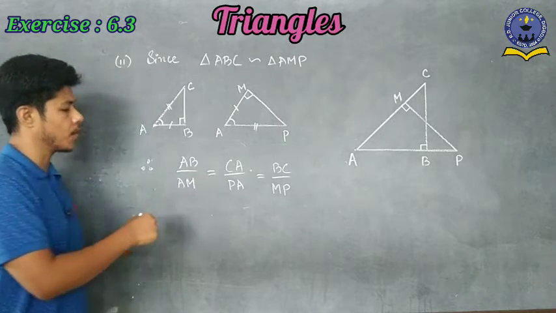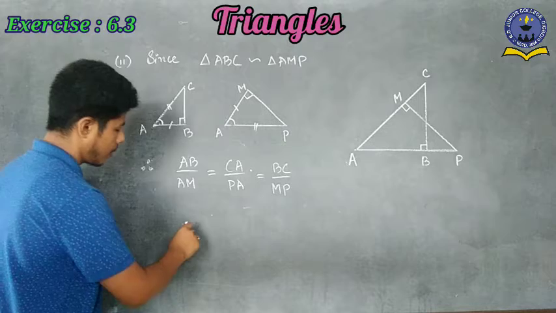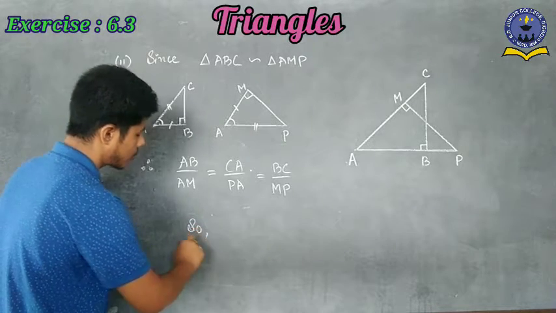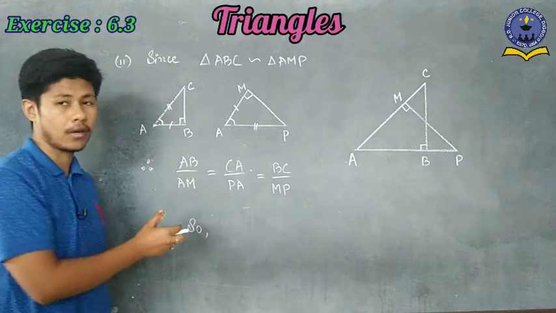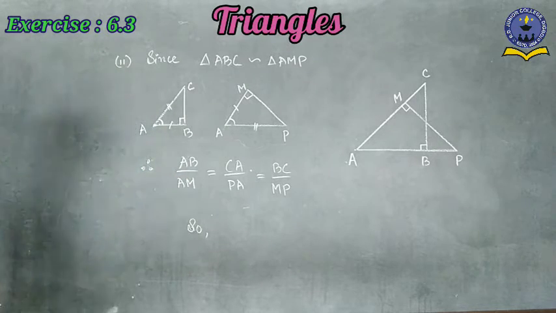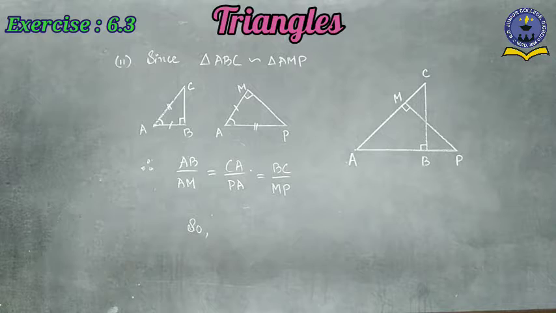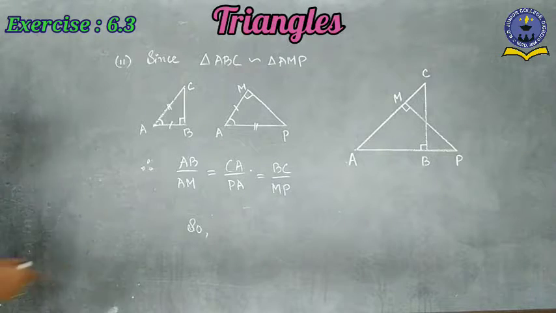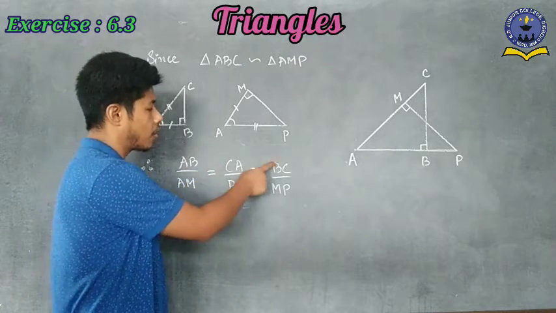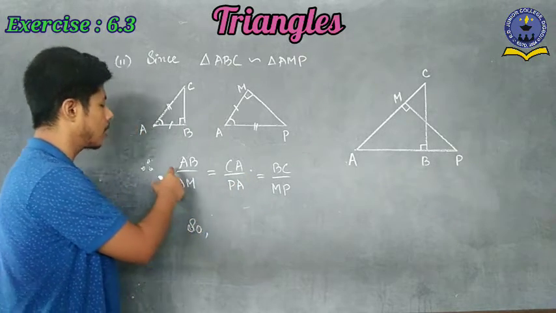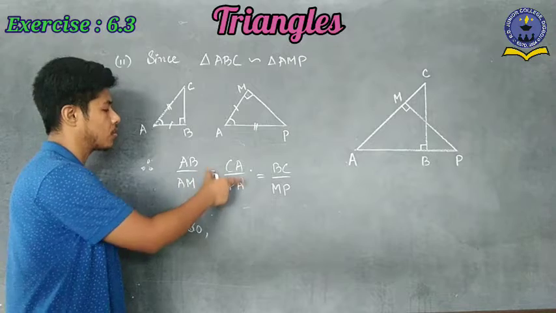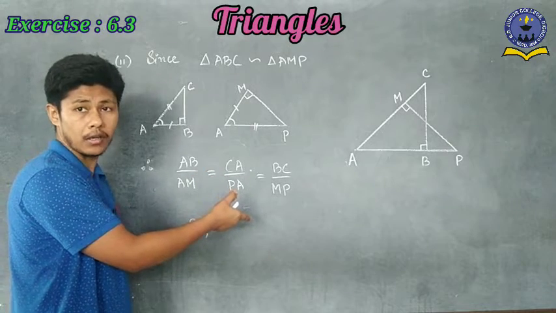So now from here, what do we need? The remaining part, whatever we need to prove, we have to write from here. Is it clear? In this question, we need to prove CA by PA equal to BC by MP. Sometimes the question is given the other way, AB by AM equal to CA by PA, and we need that.